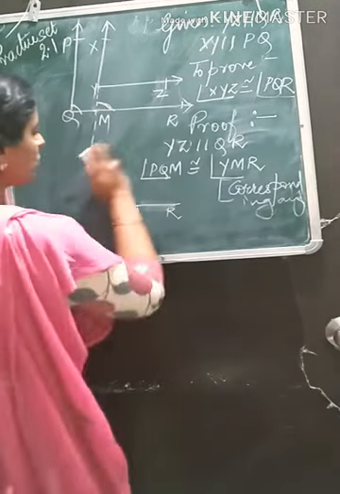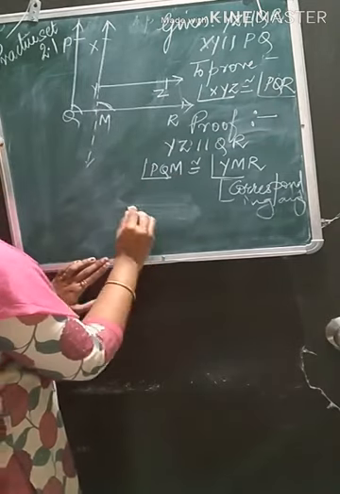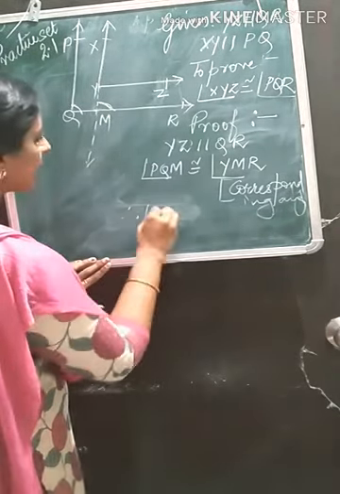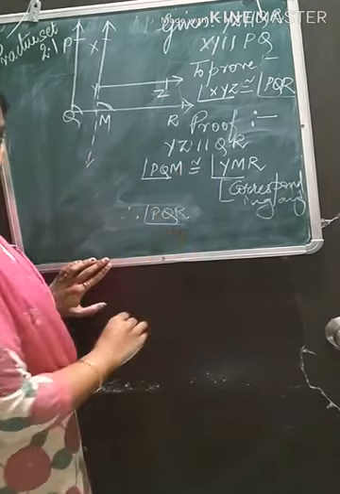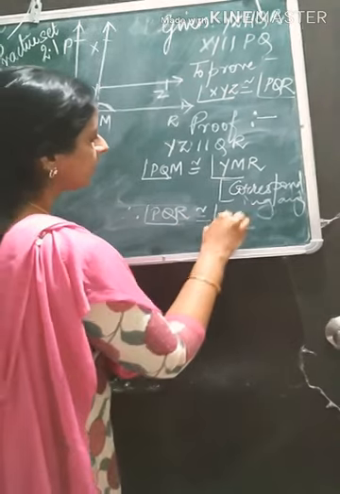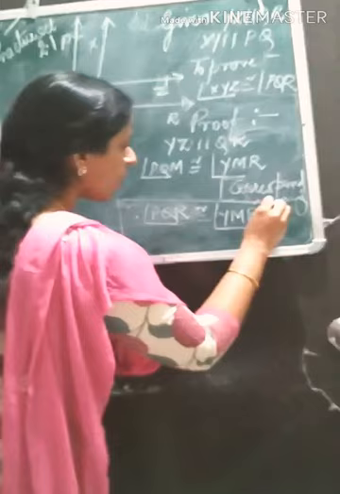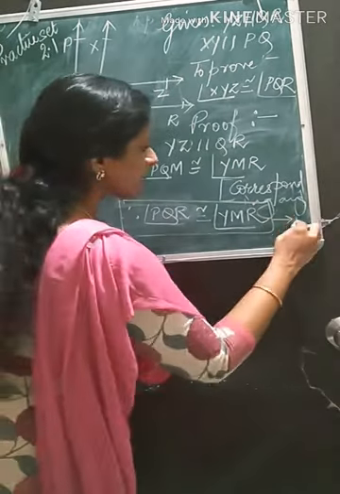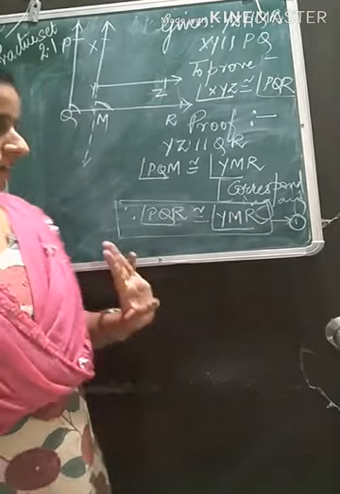So I will change this name and write it as, therefore, angle PQR congruent to angle YMR. Put it in a box and give it a number as 1. We need it later.